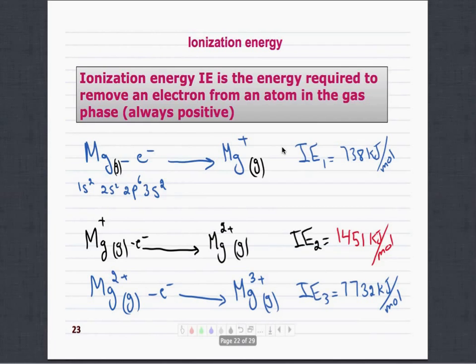So by definition, if I ask you to write the ionization energy of any element in the periodic table, it is taking it from the gas phase to the ion in the gas phase. Okay? This is the definition of ionization energy. Now, if I ask you about the second ionization energy, it's taking the ion with plus to 2 plus.